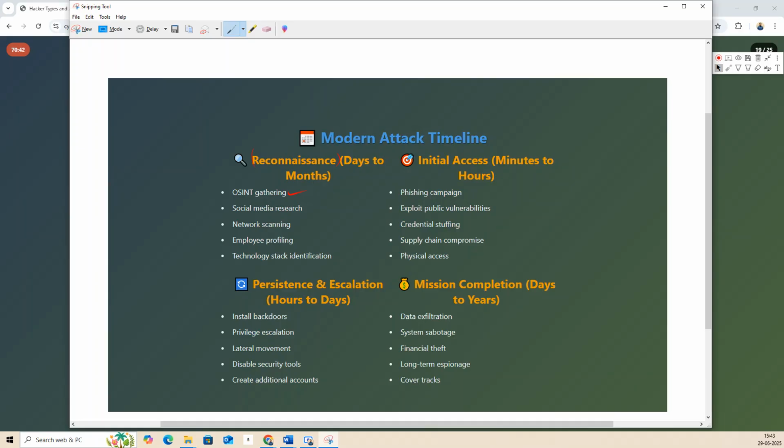They are profiling employees to identify the best targets for social engineering. They are mapping your technology stack from job descriptions and vendor relations. This phase shows you how serious modern attacks are. They are willing to spend months studying your organization before launching their first attack. This isn't random, it's strategic.